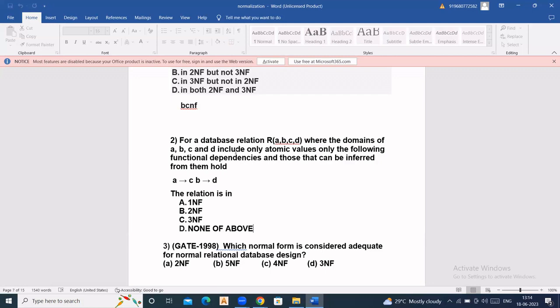Ma'am, AB is the candidate key? No. Correct, Shruti.